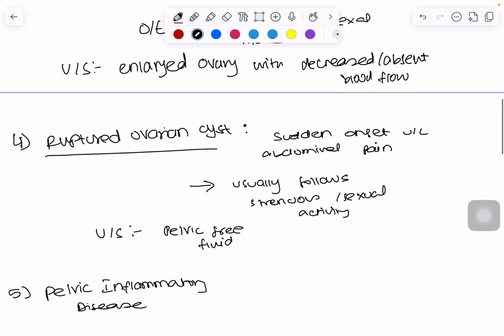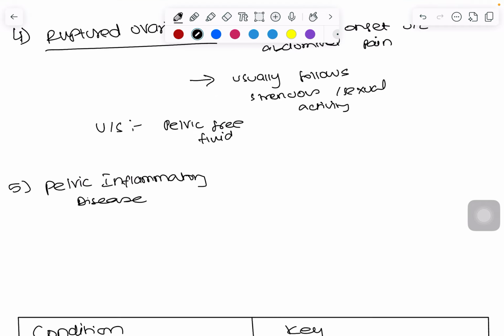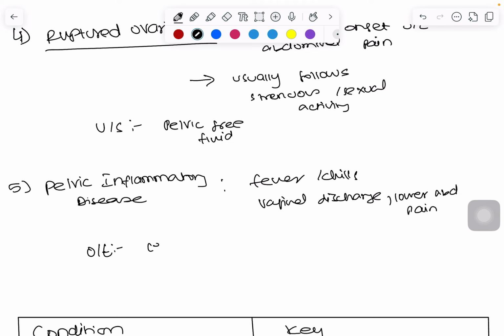All right. Last, we have pelvic inflammatory disease, PID. This is an infectious cause of acute pelvic pain, and clinically, the patient will present with fever, chills, vaginal discharge, lower abdominal pain, of course, and on examination, there will be cervical motion tenderness.